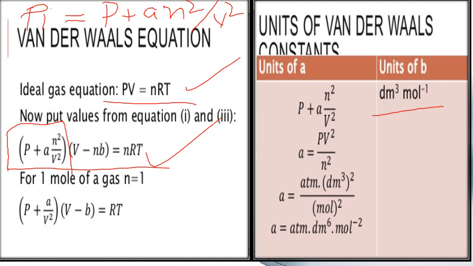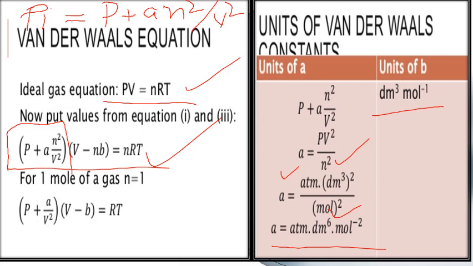Now for the units of A, pressure is in atmosphere, volume in dm cube, and number of moles in moles. Here you will get the value of A as atm dm6, as there is a square on it, and moles minus 2. This is the unit for A.